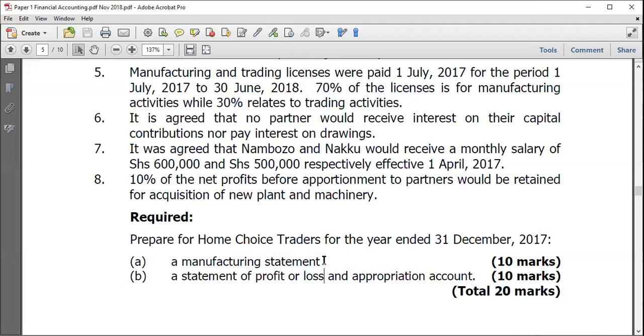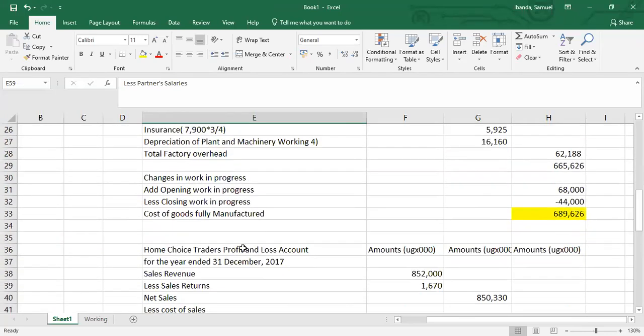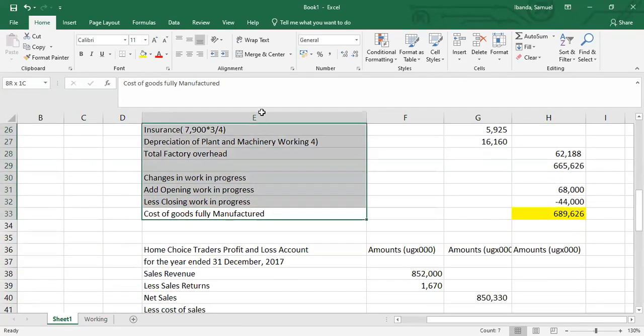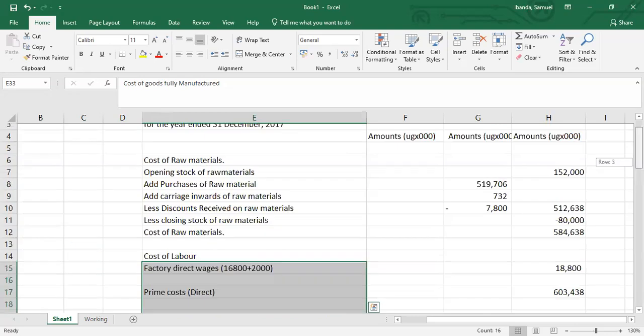This one was mainly to help you determine your cost of goods fully manufactured. The value you got here, you transferred it here when you're calculating your cost of sales. So it's not that every question we do a P&L. Yes, this manufacturing statement looks like a P&L on its own because it has materials, it has expenses and so on, but it's not a P&L.